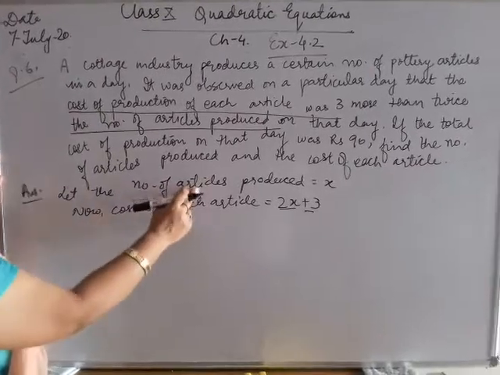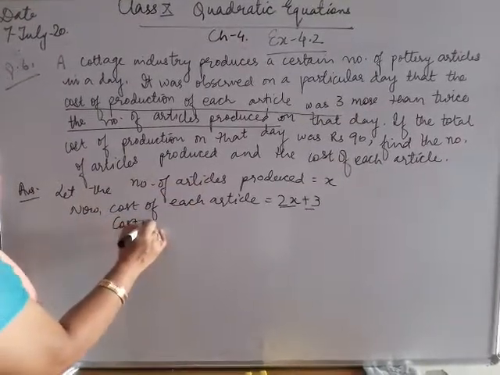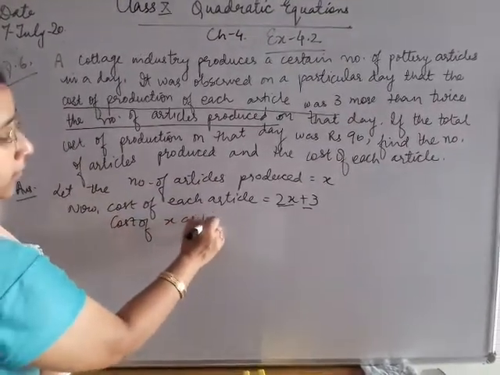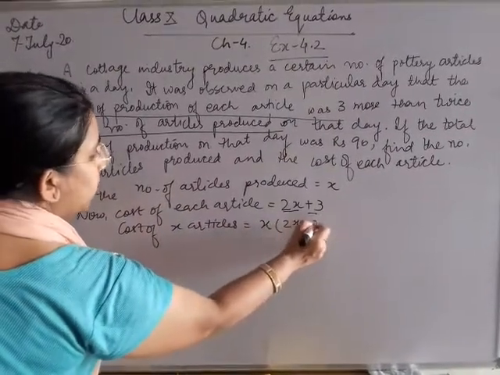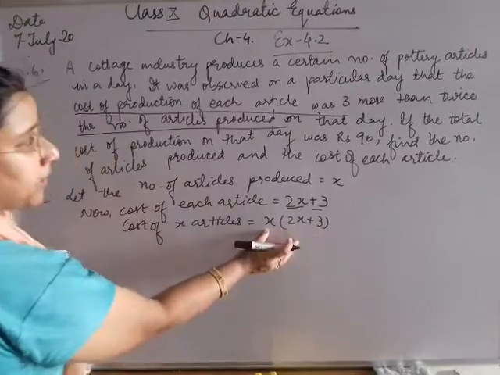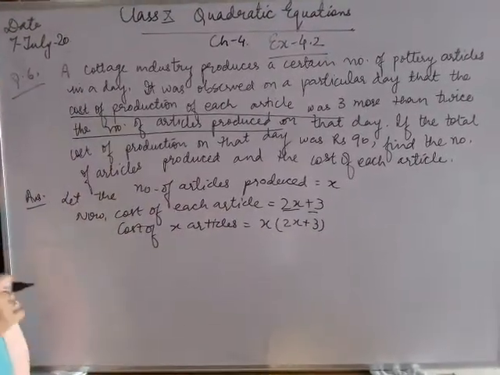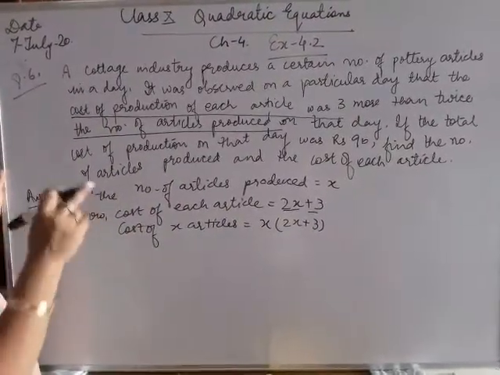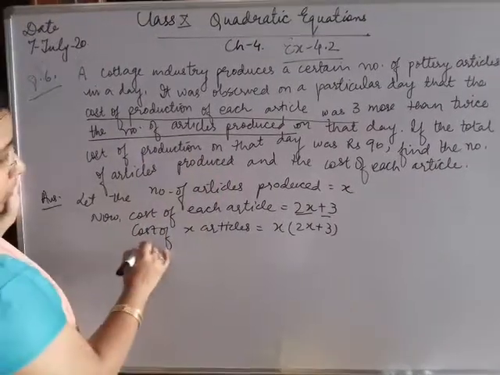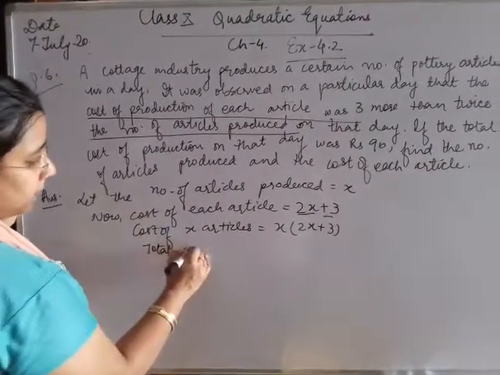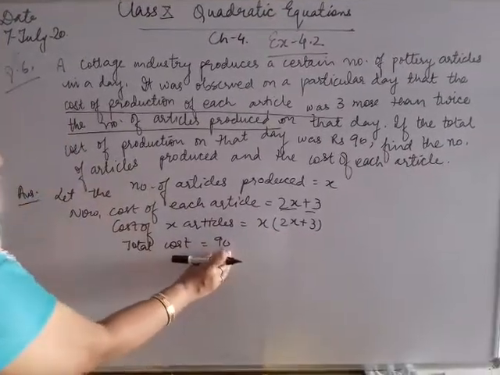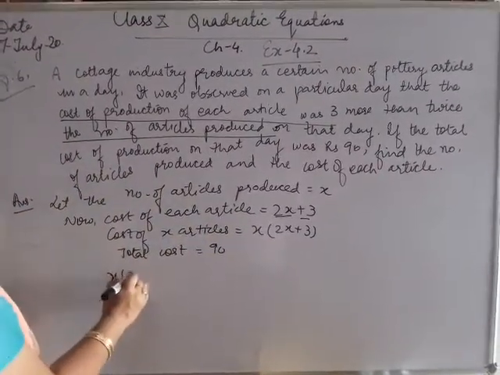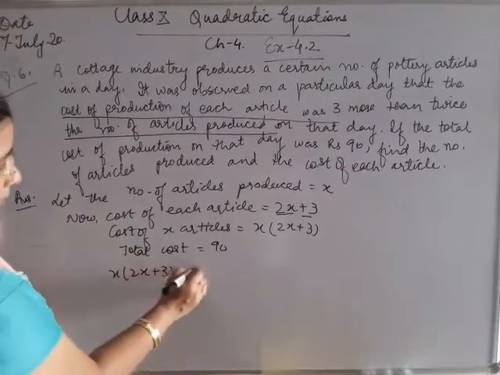Now if x articles are there, then the cost of x articles is equal to x into 2x plus 3. Okay, this is the cost of 1 article, and for x articles we will have x into 2x plus 3. The total cost of production is given as 90. Now this is the total cost, this is also the total cost, so we will equate the two. x into 2x plus 3 is equal to 90.